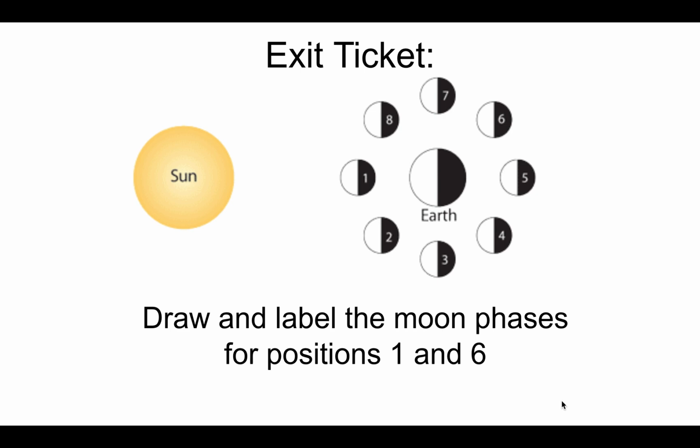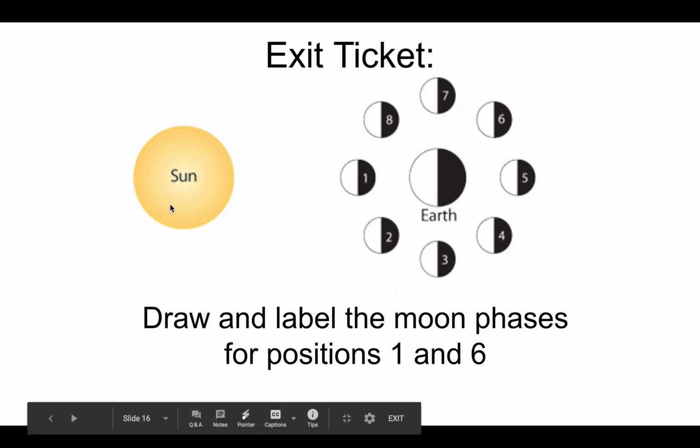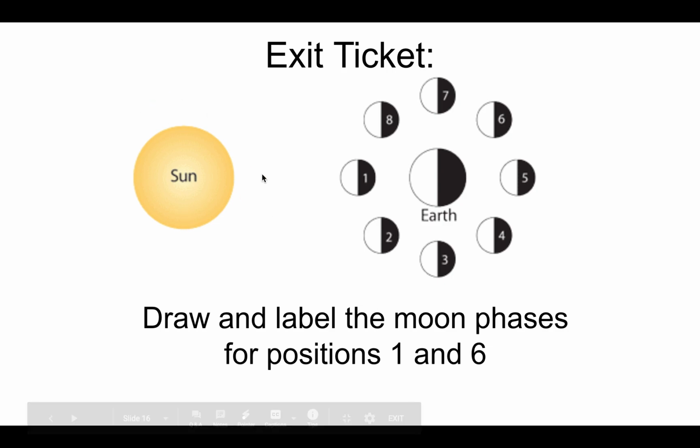And that brings us to the end of the lesson. So, for the exit ticket, I want you to draw and label the moon phases for position 1 and 6. Here's the trick. The sun is now on the left side. So it's not going to be the same as the ones that you just drew.